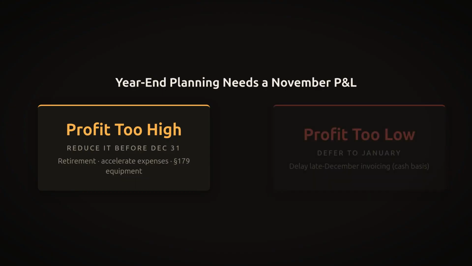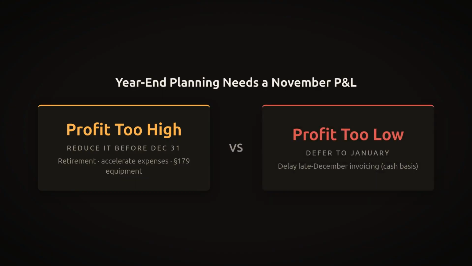If your profit is lower than expected, you may choose to defer revenue to January under cash basis by delaying invoicing late December work until the first week of January. These decisions require a current P&L. They cannot be made in April with last year's numbers.